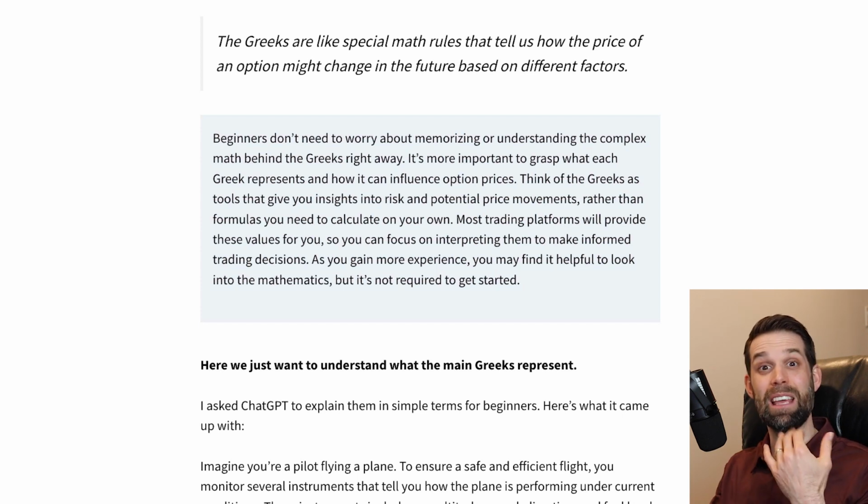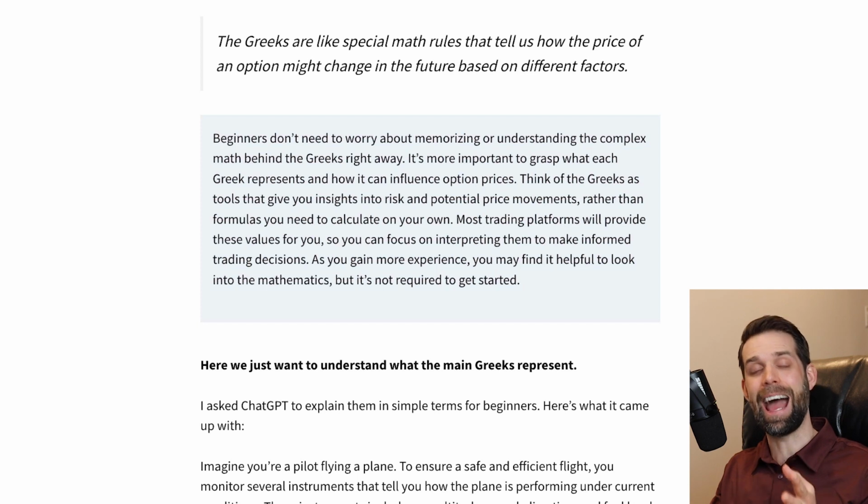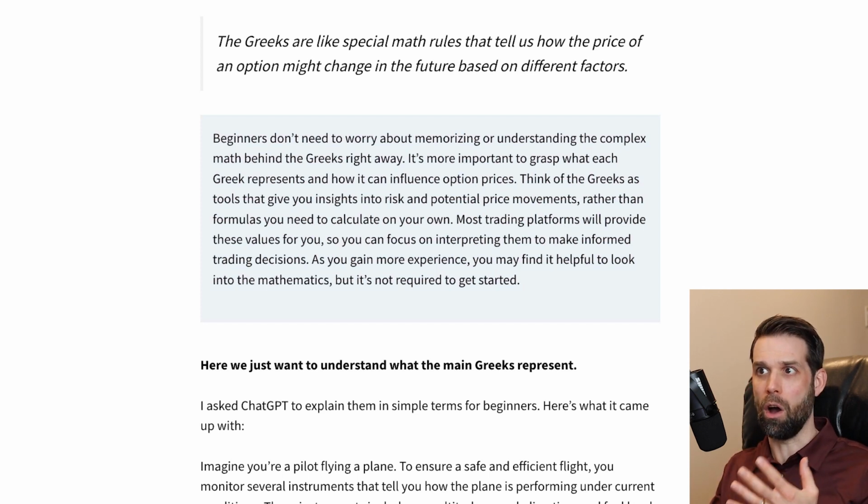That's something that if you want, you can look into later on. I think it's more important to grasp what each Greek represents and how it can influence the price of an option. You can think of the Greeks as tools that give you insights into risk and potential price movements, rather than formulas that you need to calculate on your own.